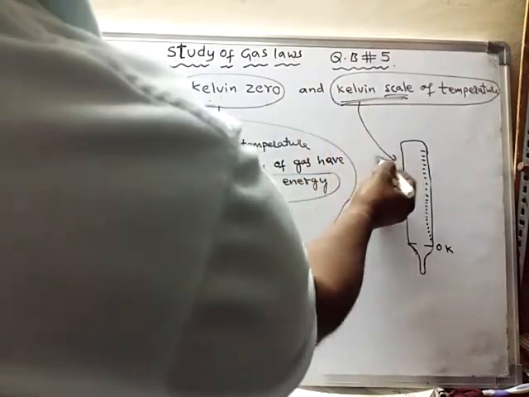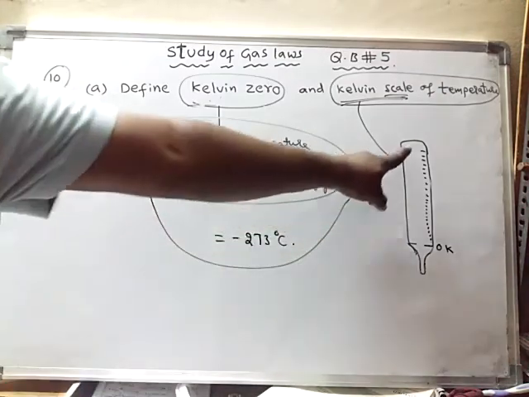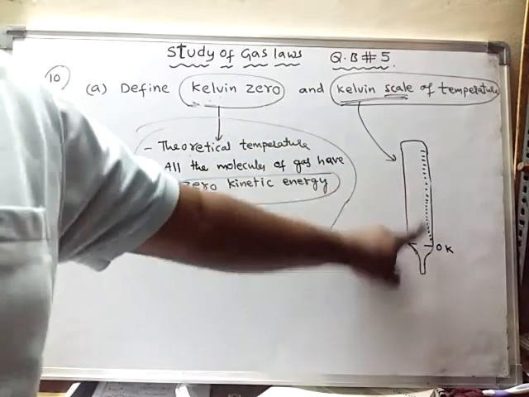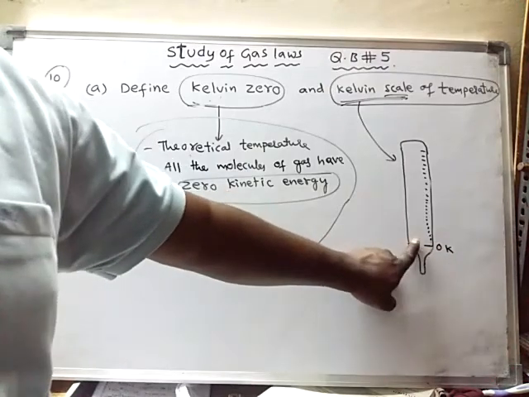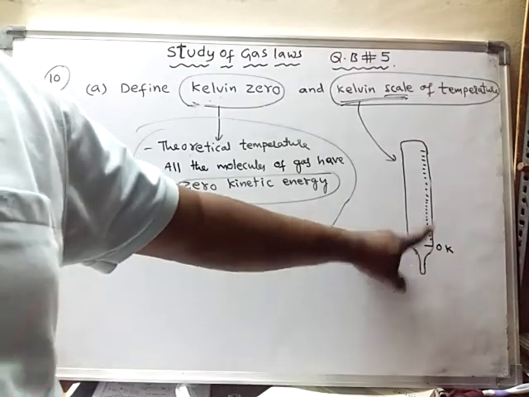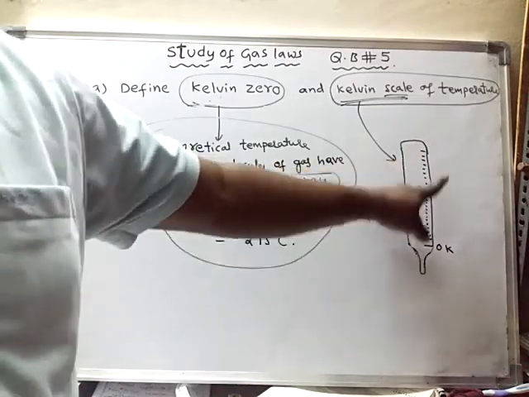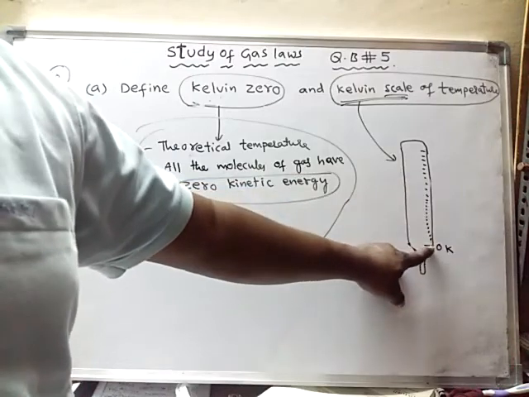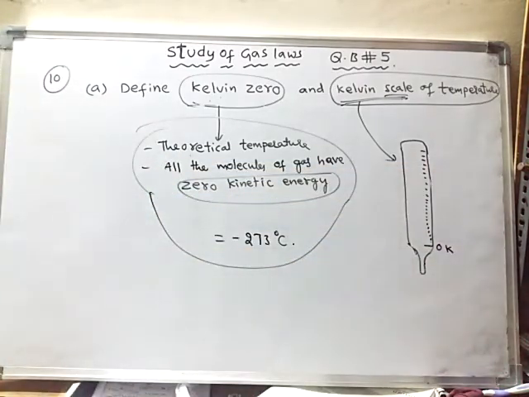It is a scale of measurement of temperature whose lowest value is 0 Kelvin. Simply, the scale which starts with 0 Kelvin is said to be the Kelvin scale of temperature.